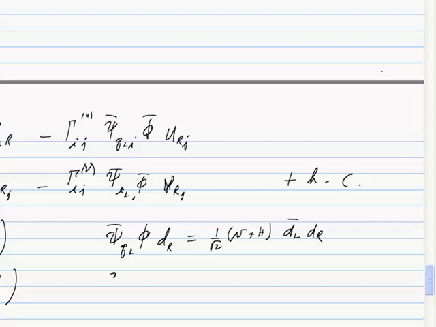But if I took psi bar Q left phi bar U right, that gives me the upper component because phi bar lives in the upper component. So that's 1 over the square root of 2 v plus h U bar left U right.